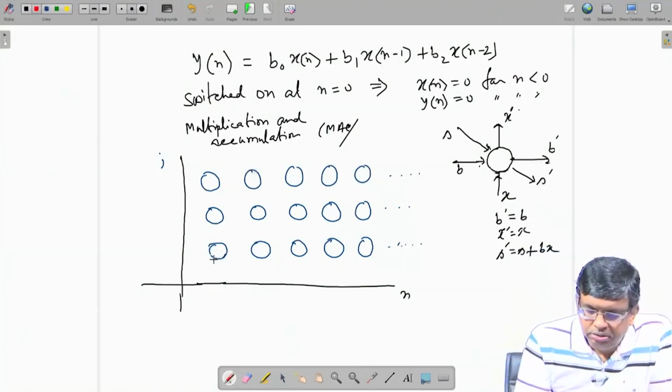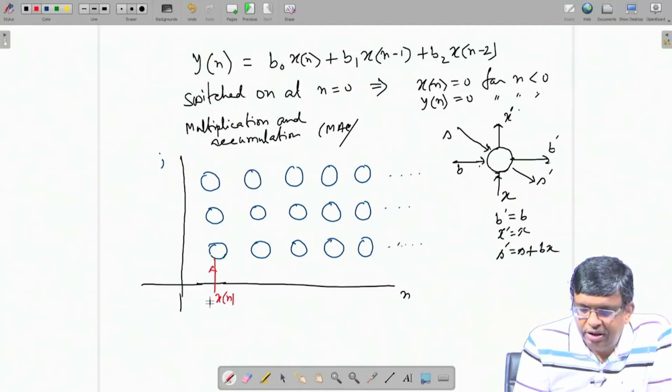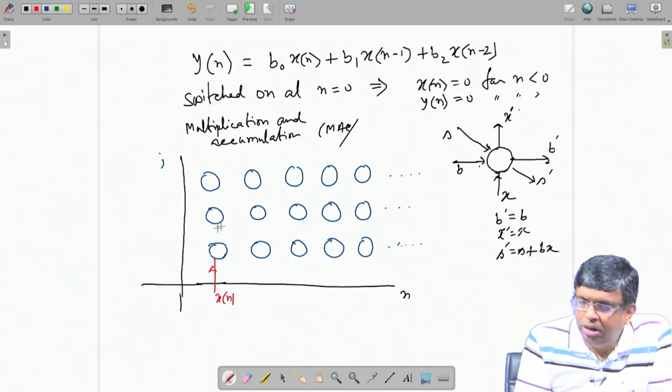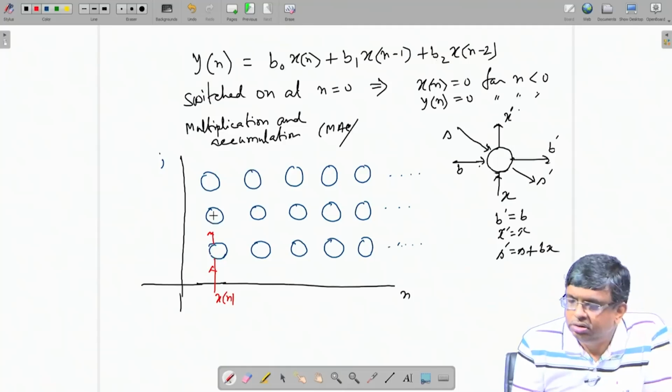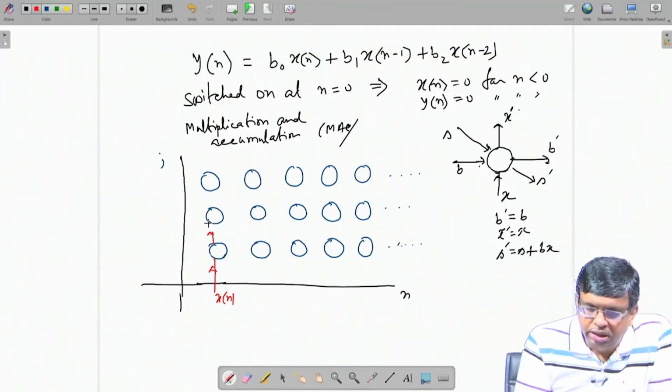Then I give input say x n. Now, whatever x n goes in, by this definition, that will go up, and there is an incoming edge from the bottom to this node, and they will join.